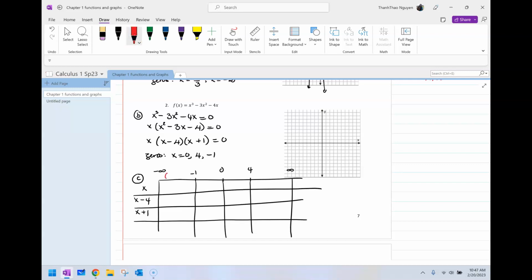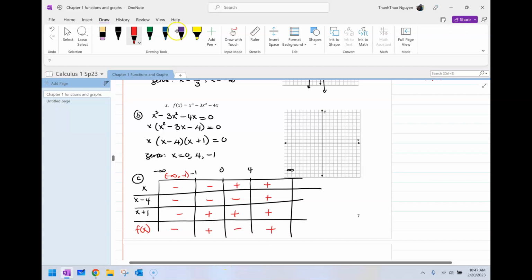In the first interval, from negative infinity to negative 1, the signs are negative, negative, negative. So f of x is below the x-axis from negative infinity to negative 1, then above, below, and back above.